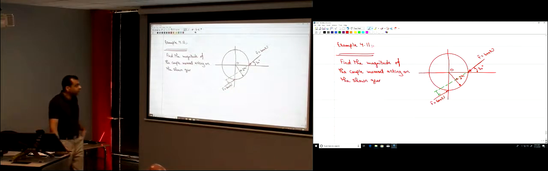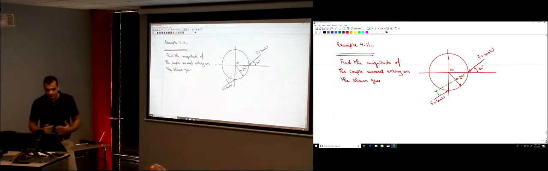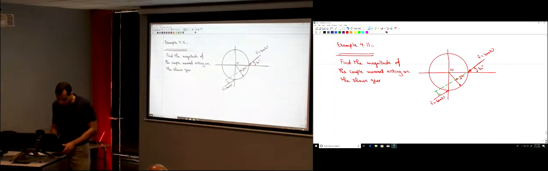Can I resolve this couple into other two components for which it is easier to find the moment? This is how I'm thinking to solve this problem. This is not the only solution, but this is an easier solution.